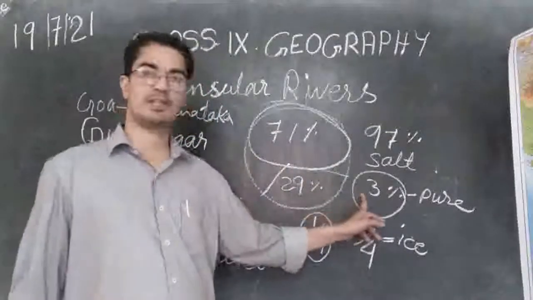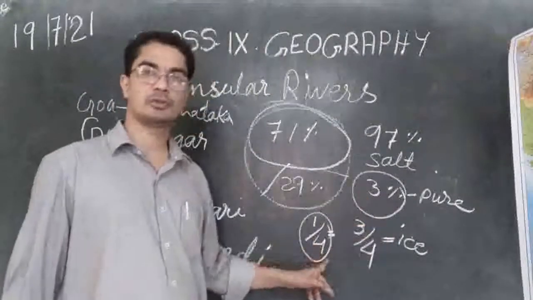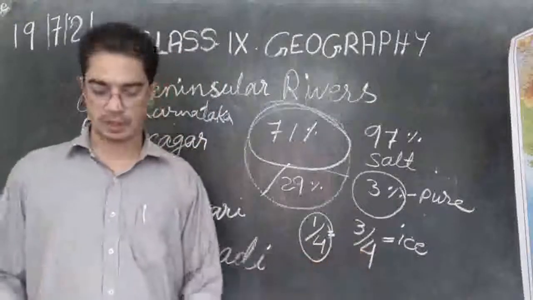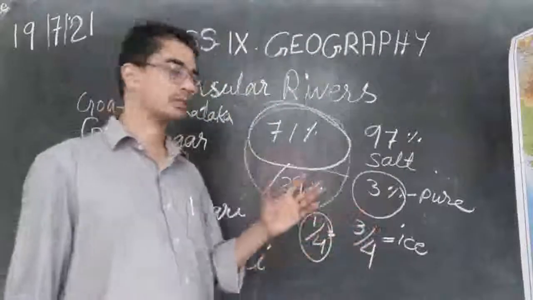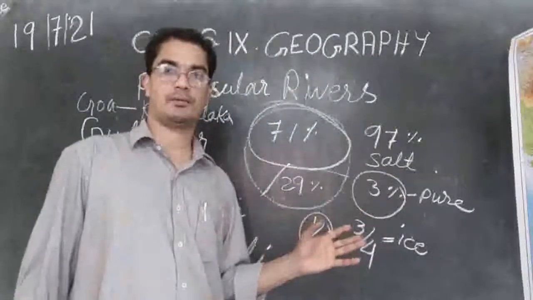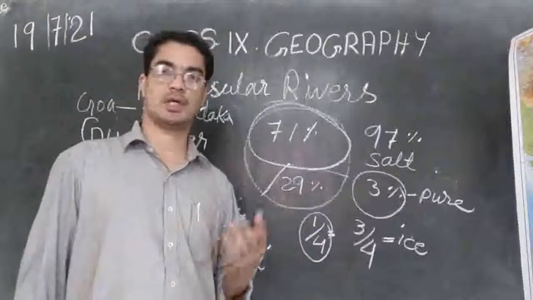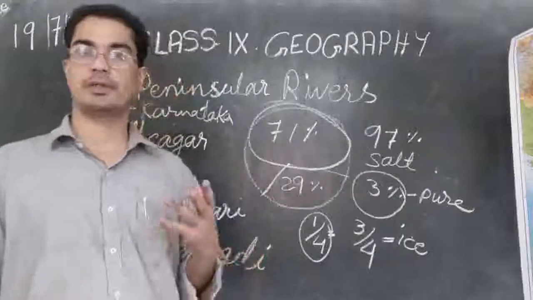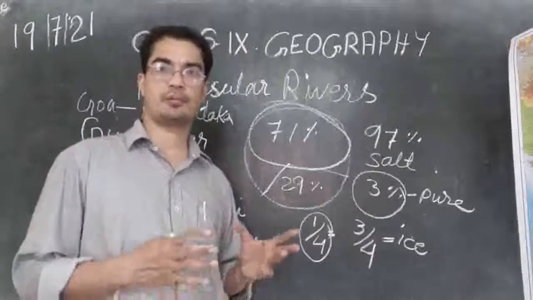So only 3% is pure, and out of that only 1/4 we are able to access. All the rest is in the form of ice. So that shows how much we must take care of the water that we have. Very little water is available to us as fresh water, so without polluting it, without dirtying it, we need to take care of it because this is so precious.